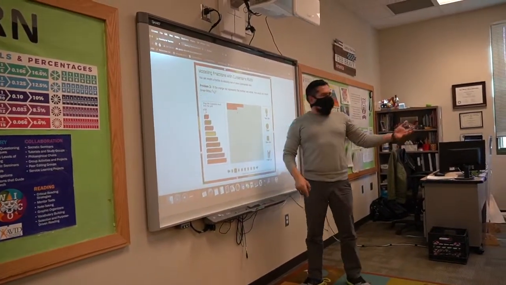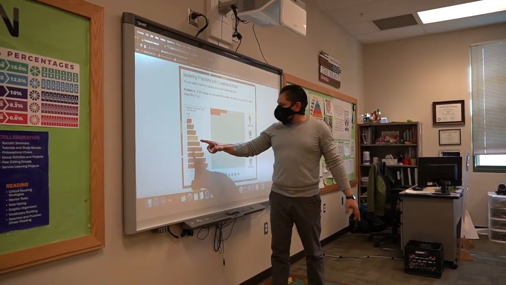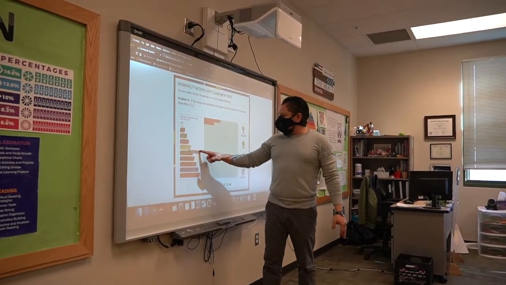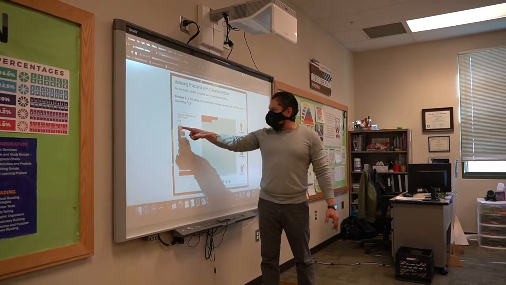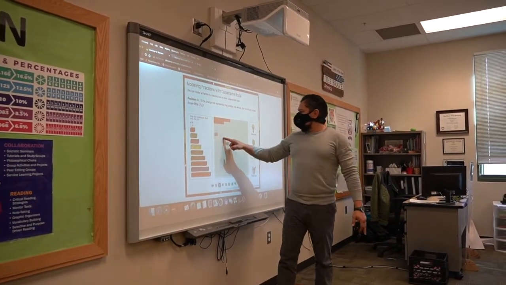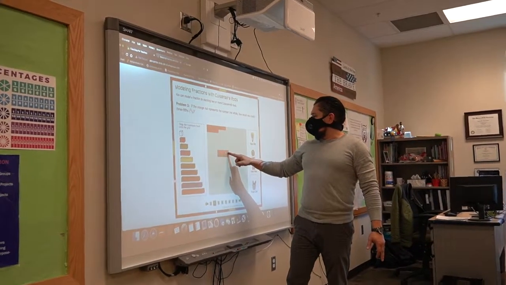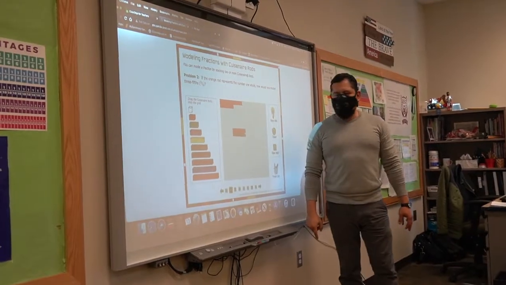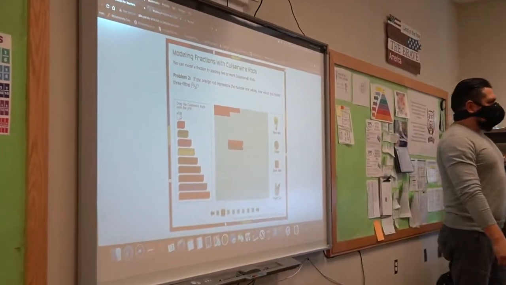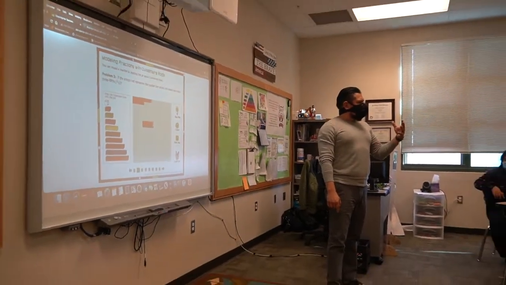But you know what? There was an interesting observation made by this team over here, where they took this green rod and they noticed that it had the same length as 3 red rods, which is kind of interesting. That maybe we could use other what?